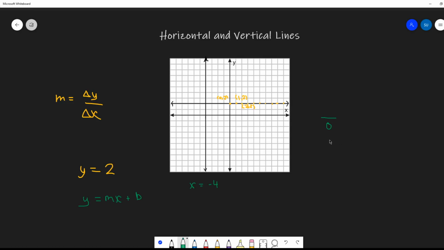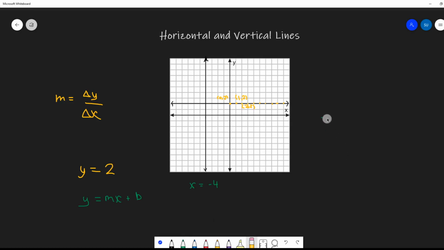And that is really what vertical lines boil down to. They're undefined. So horizontal lines will always have that slope of 0, but vertical lines will have that slope that is undefined. They don't have a slope at all, because it really just stretches infinitely in a straight line upwards and downwards.